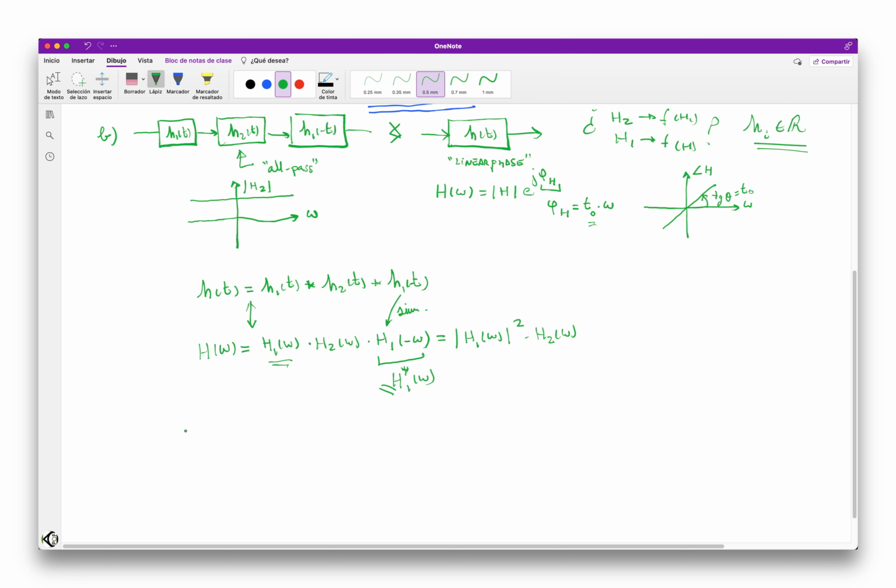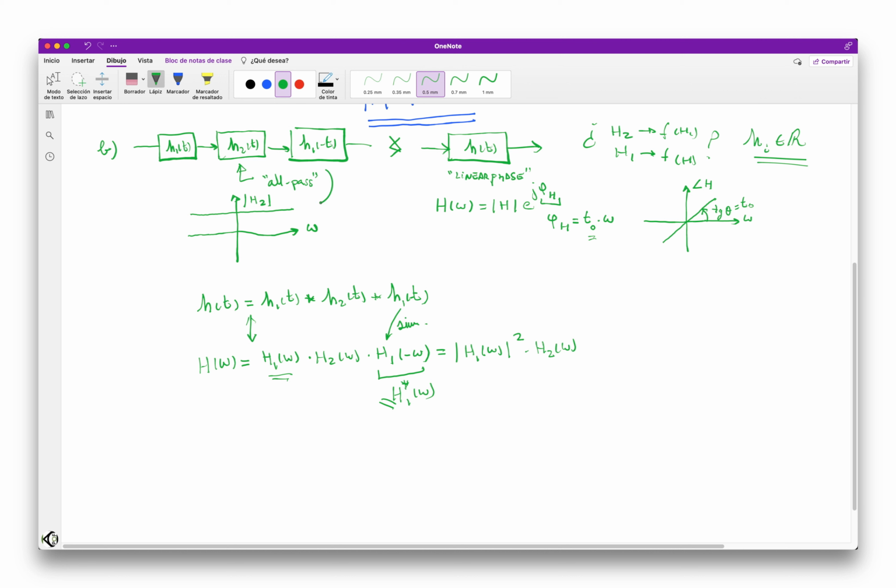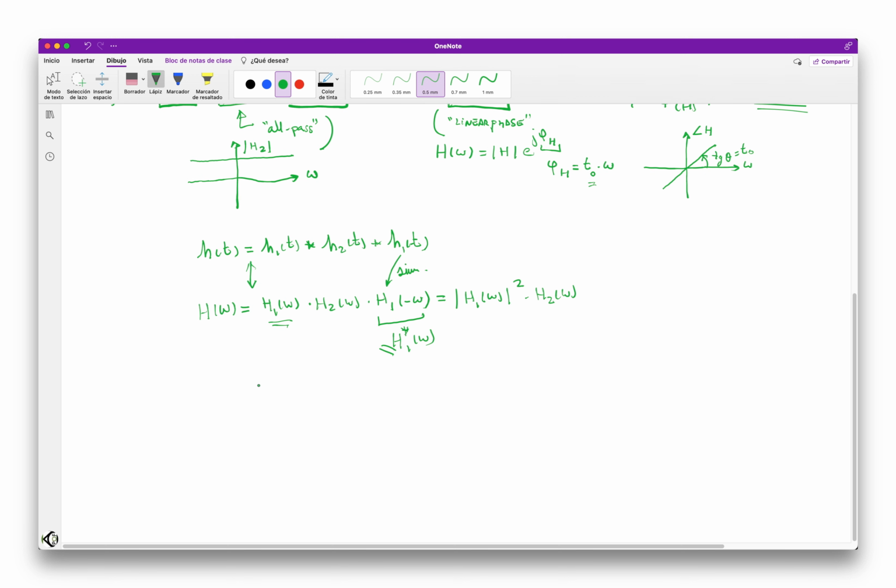Okay, so now let's use the two other conditions, that the system H2 is all-pass and the system that we want to obtain is a linear phase system. So first condition, H of omega, a linear phase. We have said that H of omega, if it is linear phase, will have a modulus of H of omega, and then it will have a phase which is a linear function of omega.